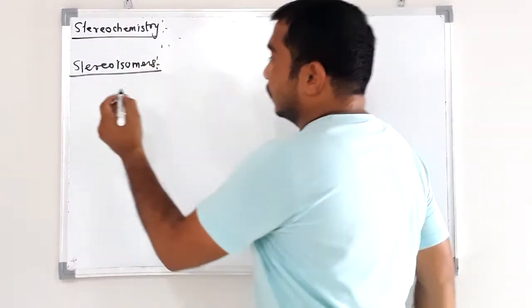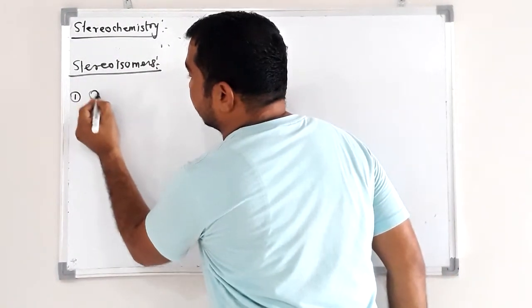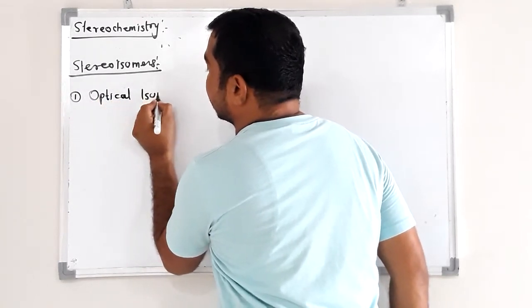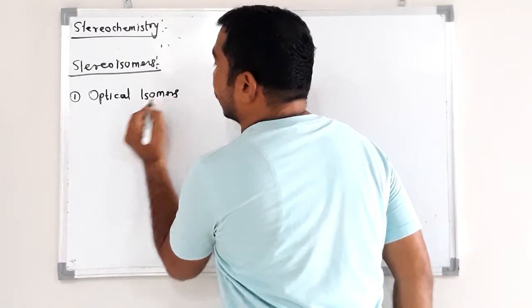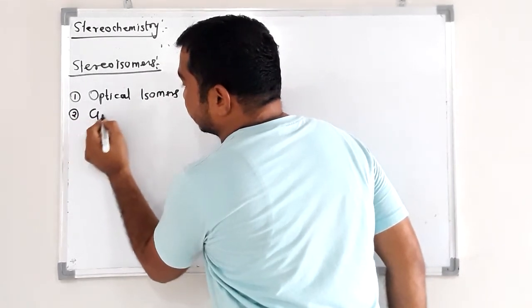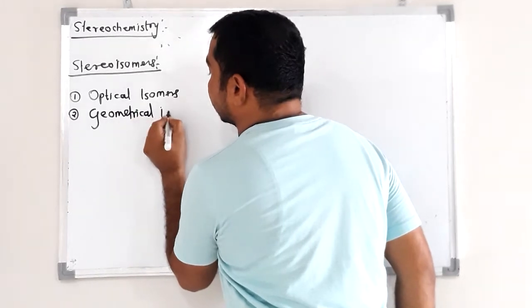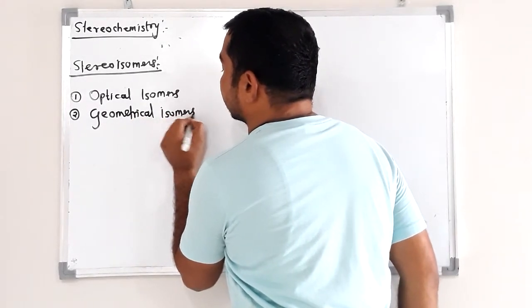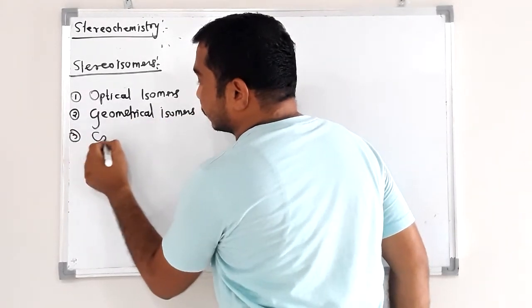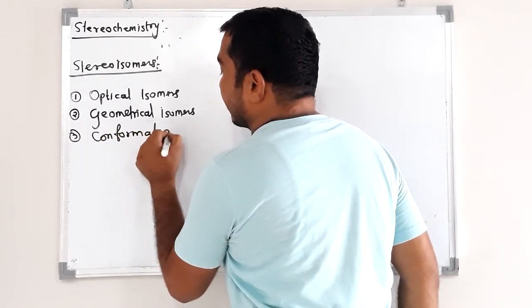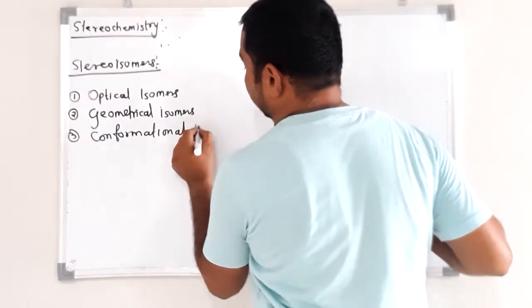One, optical isomers. Second, geometrical isomers, and third, conformational isomers.